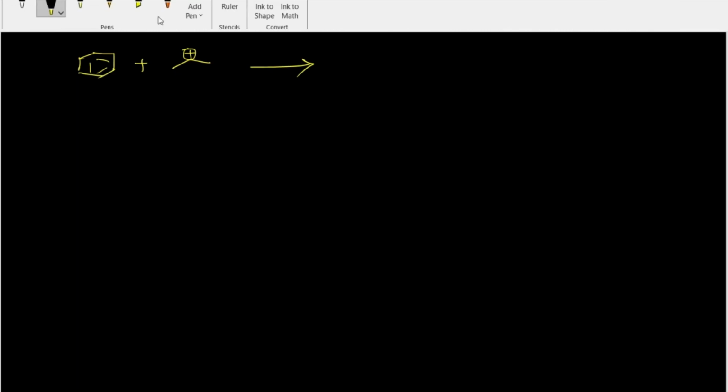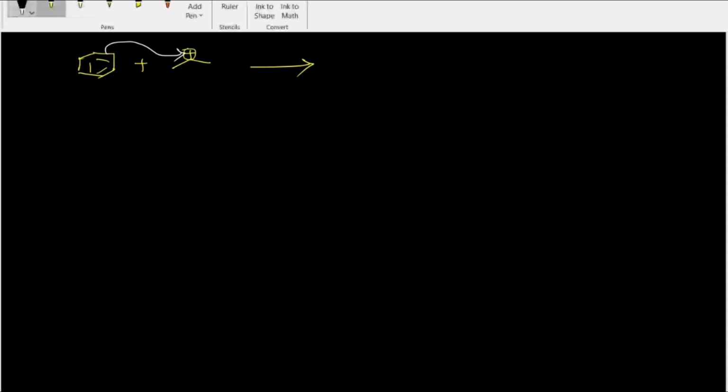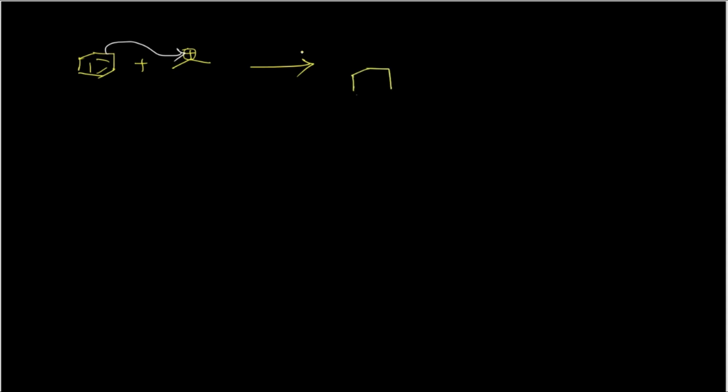So what we have got, we have this benzene, and I'm just writing like this. So we have this carbocation, right? Now it will simply attack on this, and we will get it like this, and here we'll get a positive charge. Here this hydrogen will be there, right?